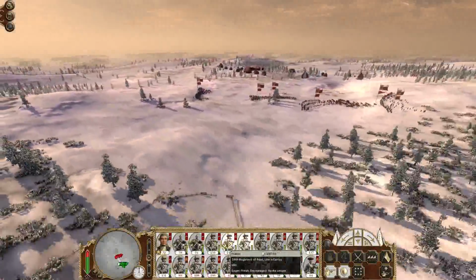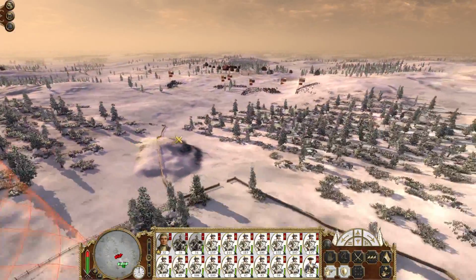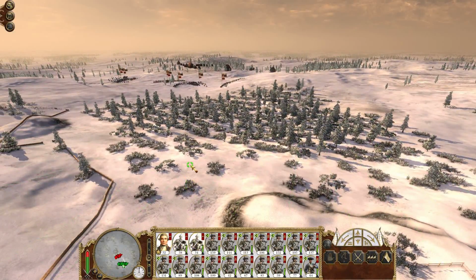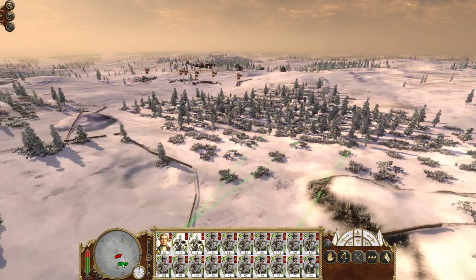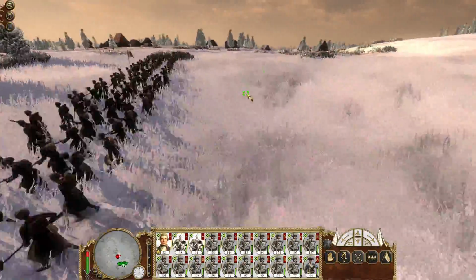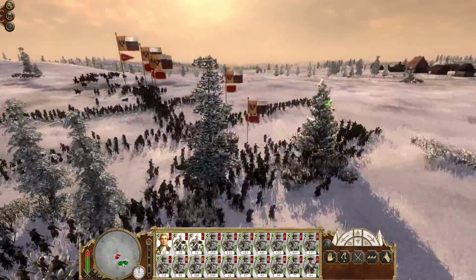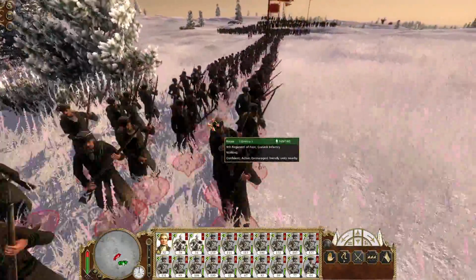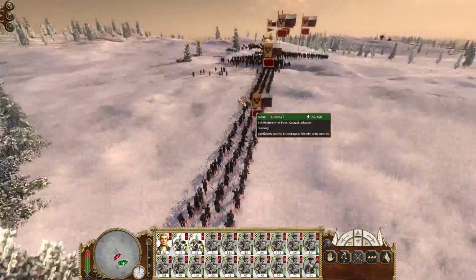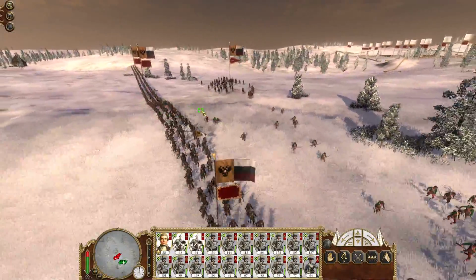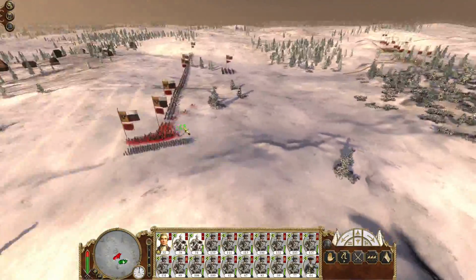Okay, so what do we want? We want a very nice bayonet charge, so we need a nice deployment area for that. As you can see, they rely on Cossack infantry who have swords, which is good for them.